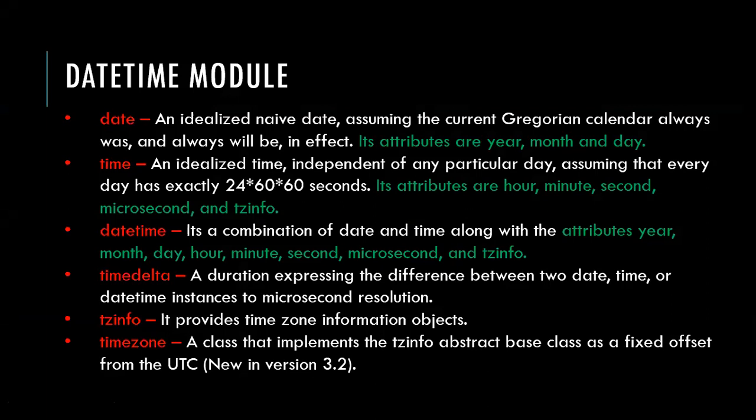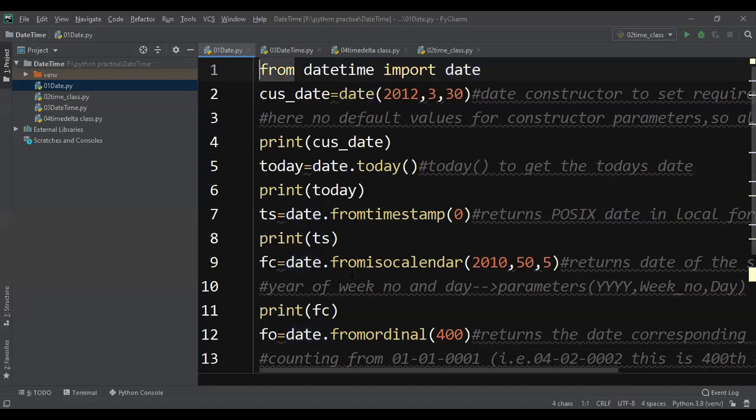But if you are importing a specific class from a particular module, then you have to use another keyword called from. So here, from datetime, that means from a module called datetime, import the date class. In my datetime module, I have 6 classes, but I don't want all 6 now.